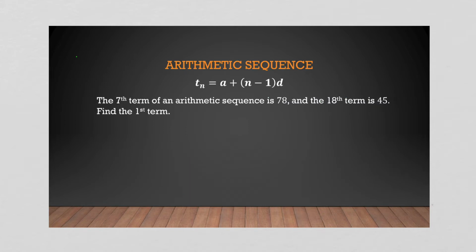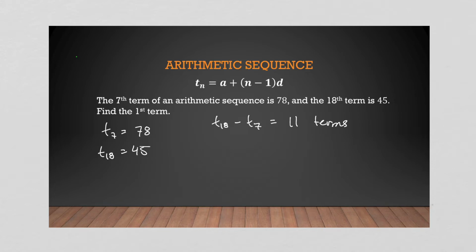So what if we're given some info like this? The 7th term, T7, is 78, and the 18th term, T18, is 45. Well, consider the difference between the term numbers and the difference between the terms themselves. So that means that T18 minus T7 is 11 terms.